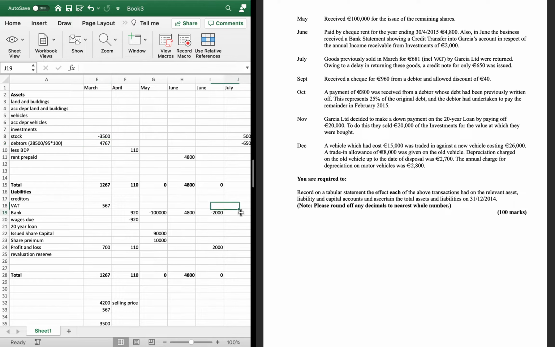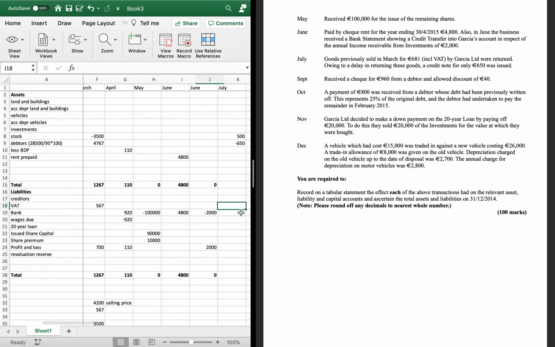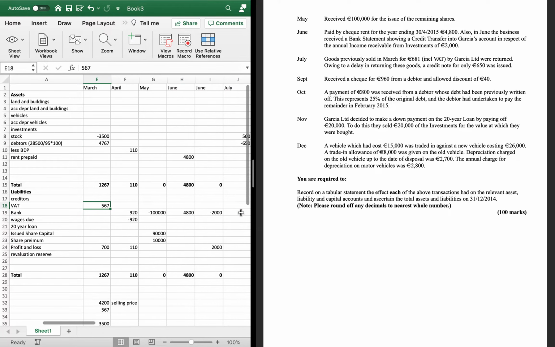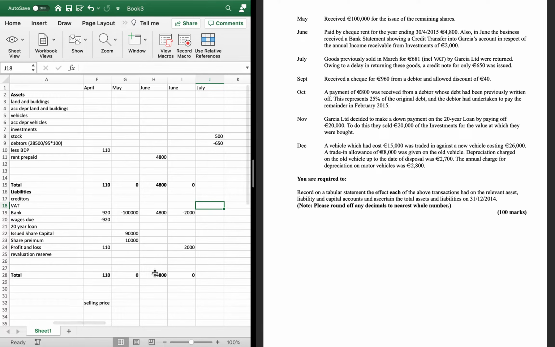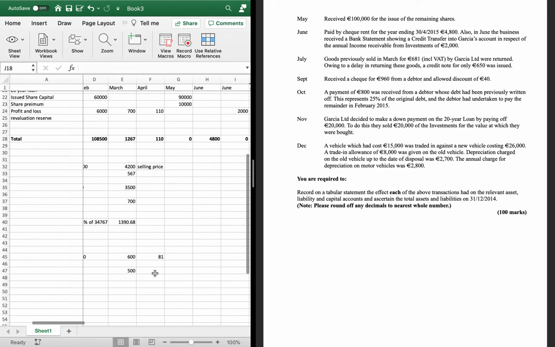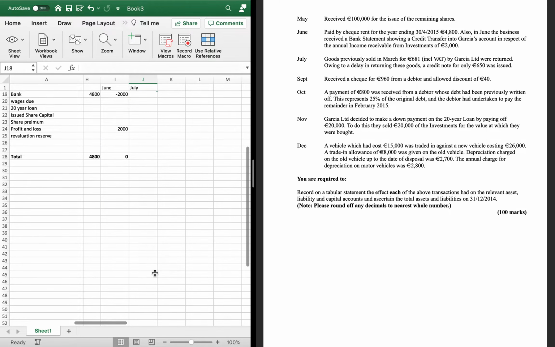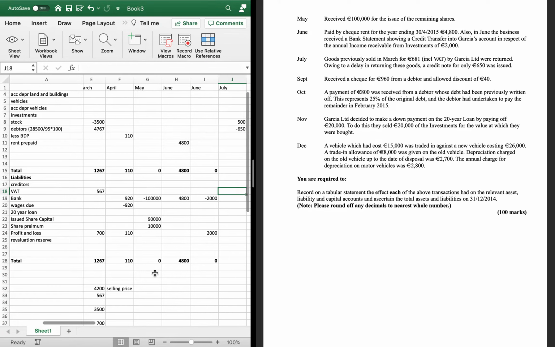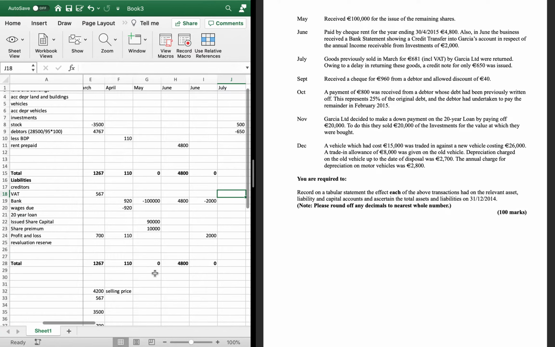What's going to happen? VAT. So let's have a look at VAT in March. VAT went up. So when the goods are returned, VAT's going to go back down. If you go back and check what the VAT was, it was €81. So €81 there. Now, the profit and loss is going to be the balancing number.